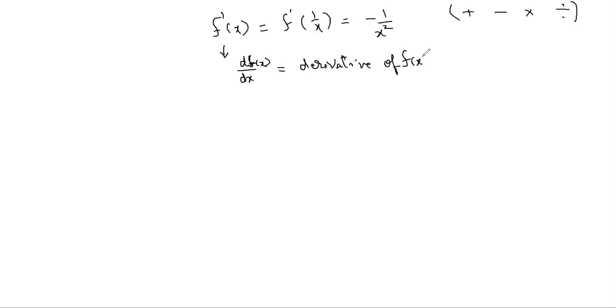But remember that if f is a function of x, then it can be differentiated with respect to x. This is called differentiation. Now differential calculus starts. So d by dx of f(x) means differentiation of f(x) with respect to x.